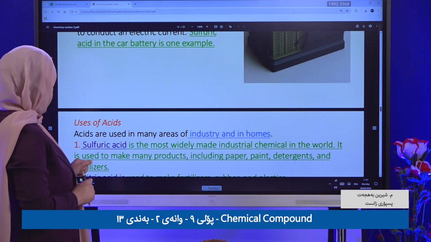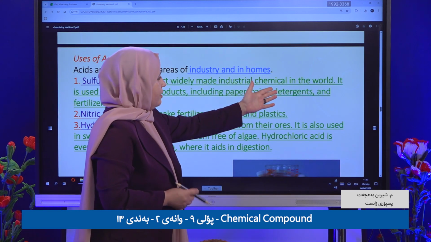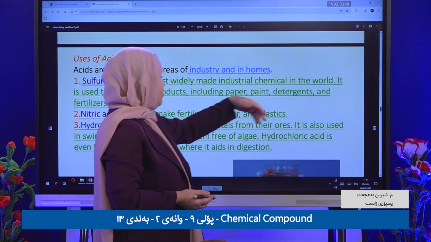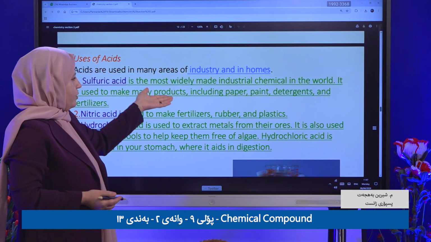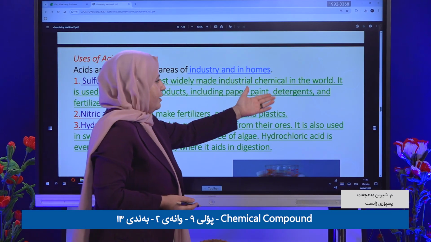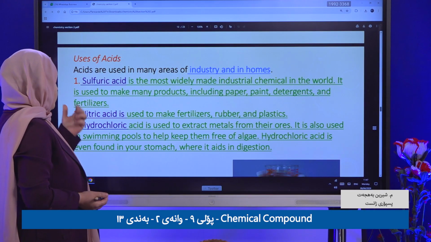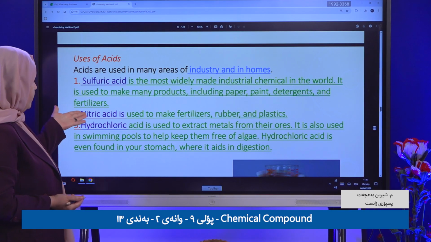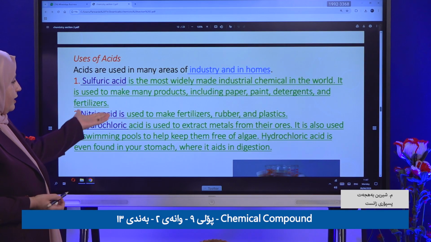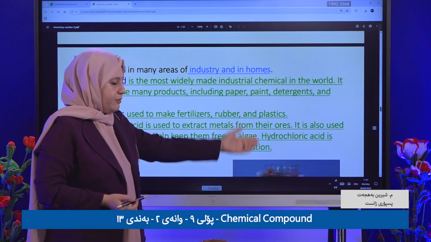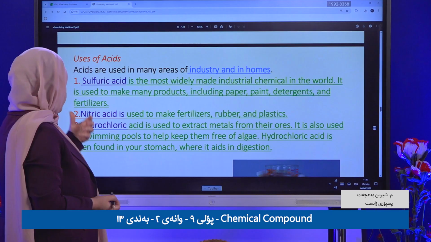Sulfuric acid is also used in industry and chemistry, and in many products, including paper, paint, detergent, and fertilizers. We have another usage, nitric acid. Nitric acid is made for fertilizer, rubber, and plastic. This one is very important to memorize.